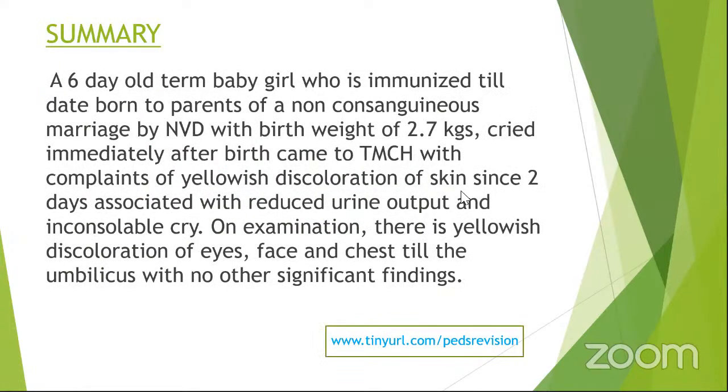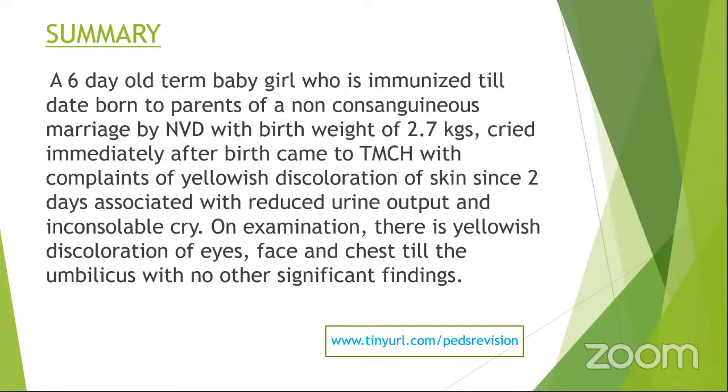Summary: 6-day-old term baby girl who is immunized with birth vaccines, born to parents of a non-consanguineous marriage by normal vaginal delivery with birth weight of 2.7 kgs, cried immediately after birth, came to TMCH with complaints of yellowish discoloration of skin since 2 days associated with reduced urine output and inconsolable cry.